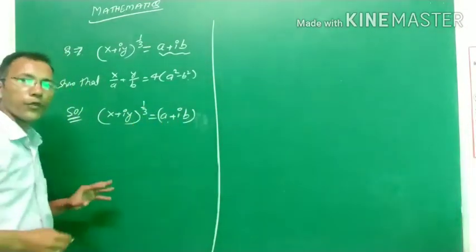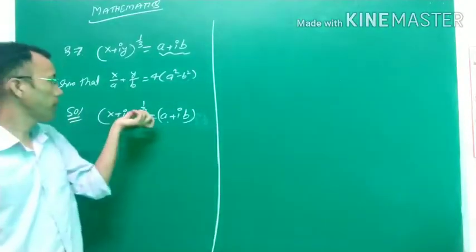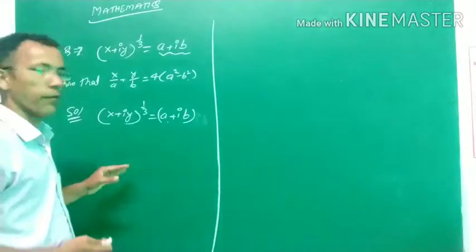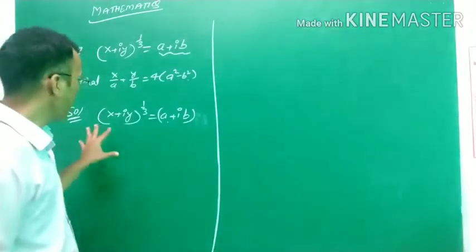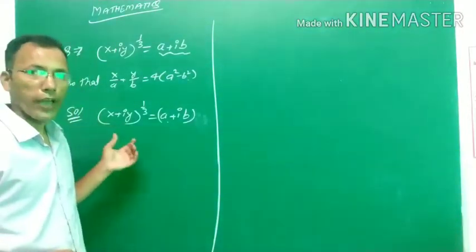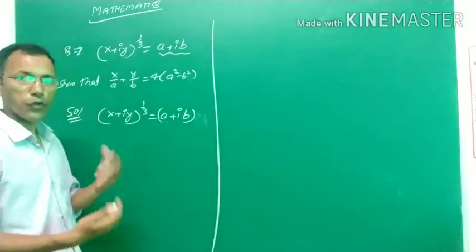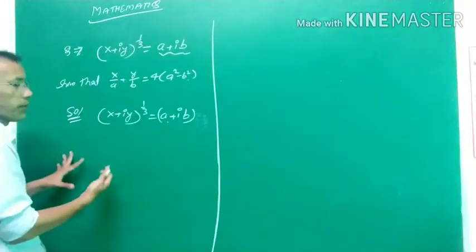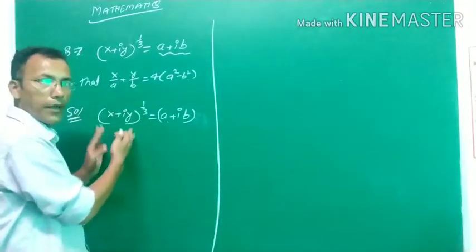We don't have the rules to sort out the power 1 by 3 till now, that means in class 11th. So we have to remove this 1 by 3. How to eliminate it, or make this free from the 1 by 3 power?